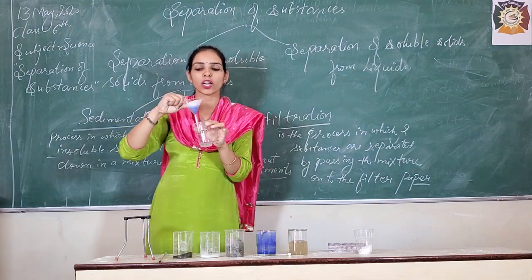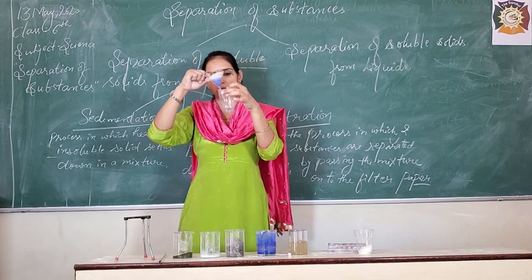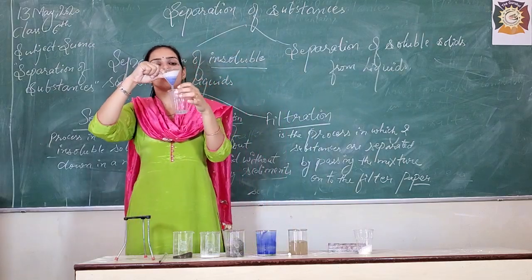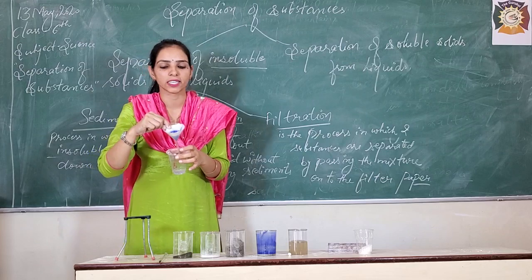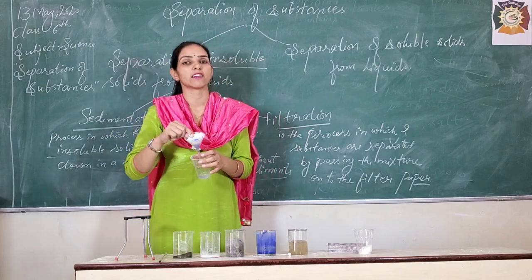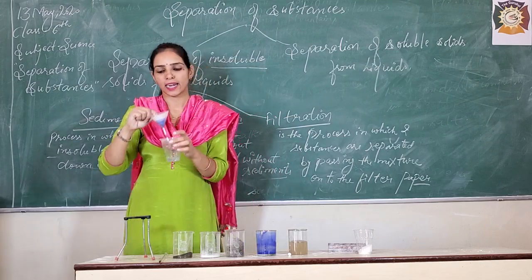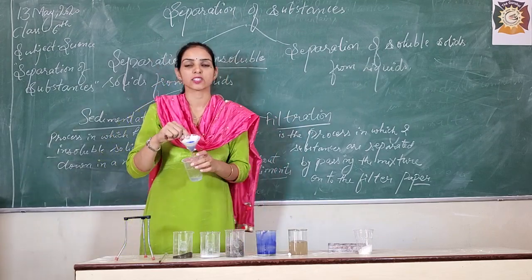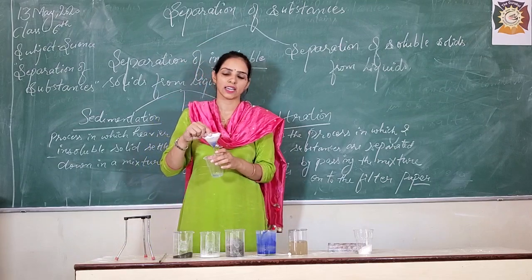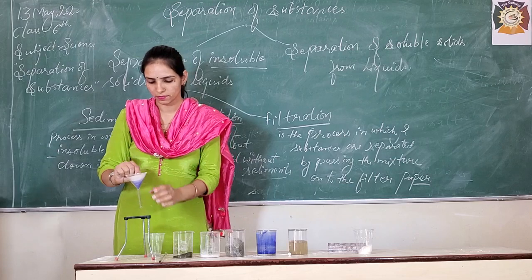This clear water has been observed by you with the help of the filter paper. What the filter paper has done is pass the clear liquid and keep the solid impurity behind with it. I'll show you once how it is done.